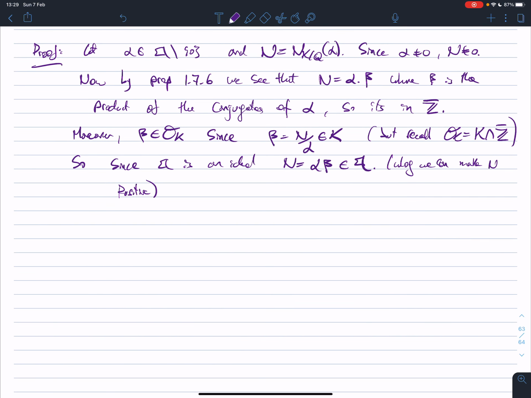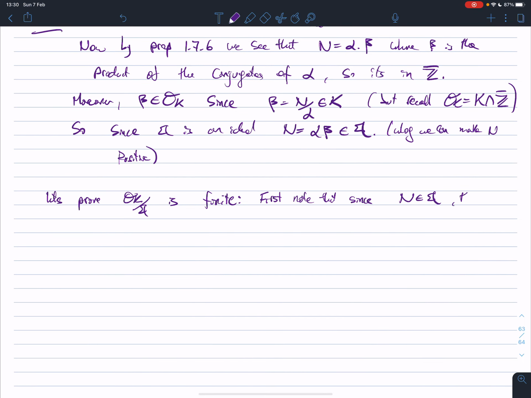So let's prove that the quotient is finite. First note that since A is some n, this element that I constructed above is some element of A, then the ideal it generates is contained in the ideal A. It's usual ideal stuff.